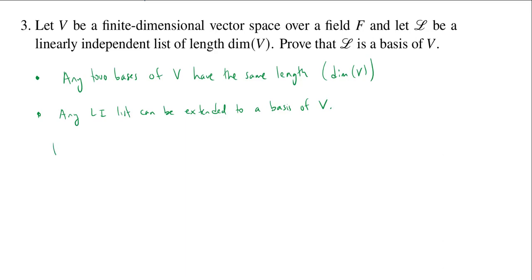Let's write that down. We extend L to a basis. What does that mean? That means we're going to add more vectors until we have a basis. But how long will that be?